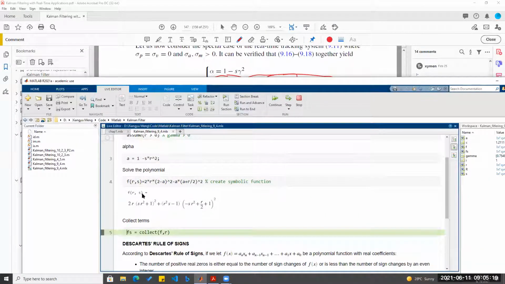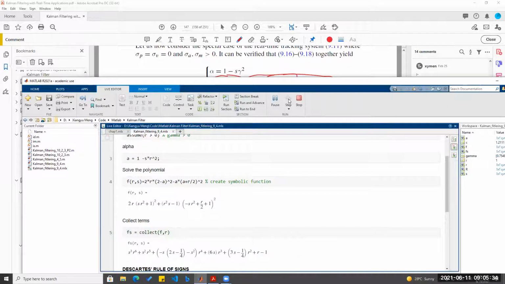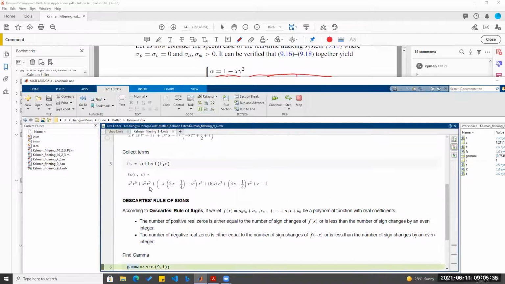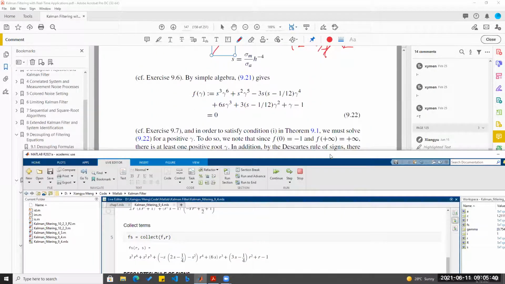Now you see this is a polynomial. When you do the calculation, you can collect the terms according to the degree of gamma. So this is the expression. We can compare it to the one in the book.